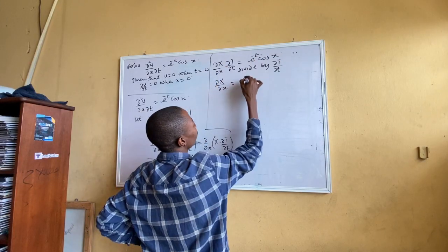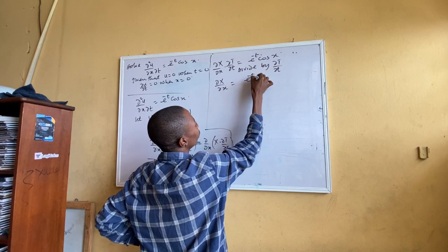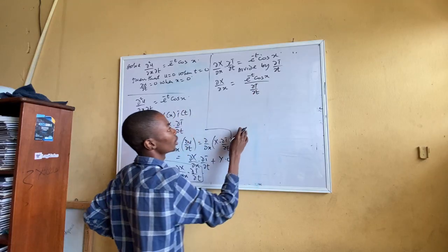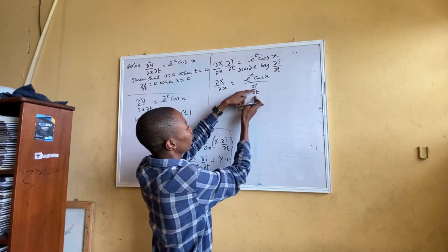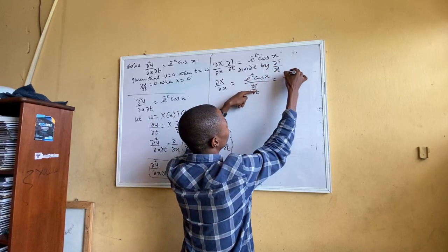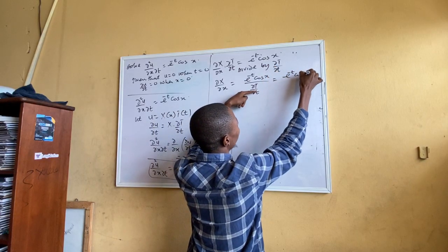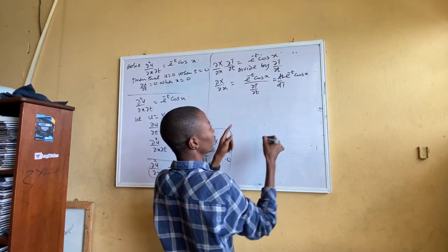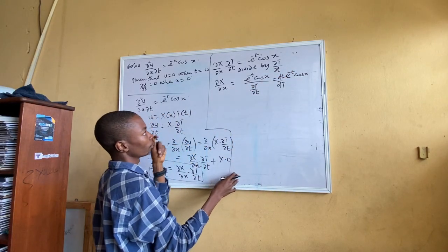Now if I divide this side, we are going to have exponential minus t cos x over the big T, the small t, isn't it? Okay, so when we have something like this, the big T will jump up. So we are going to have exponential minus t cos x, with the small t and the big T, like this. Okay, that's what we are going to have.